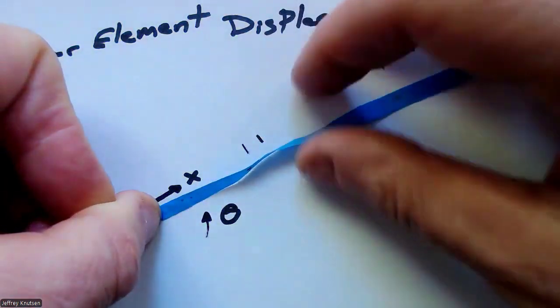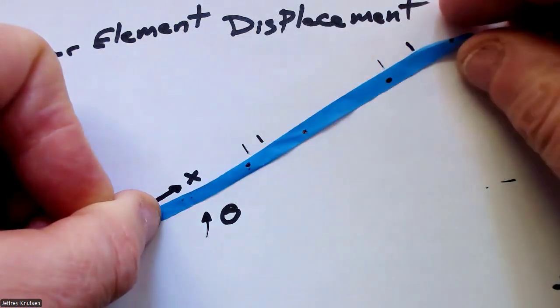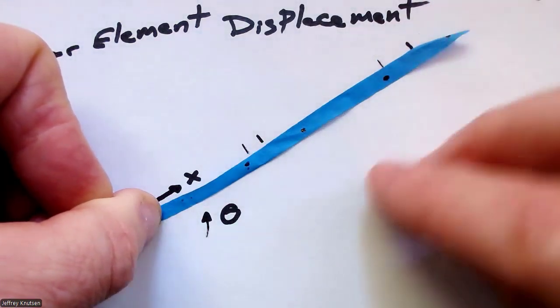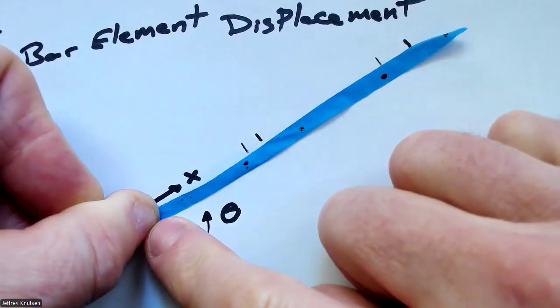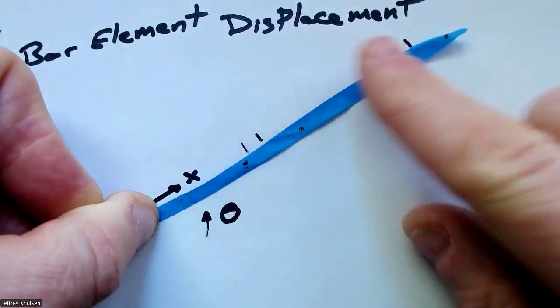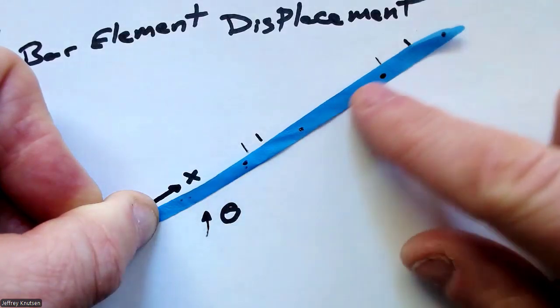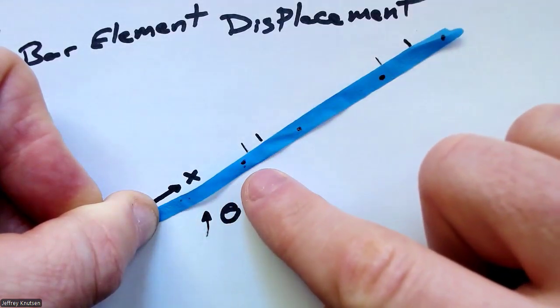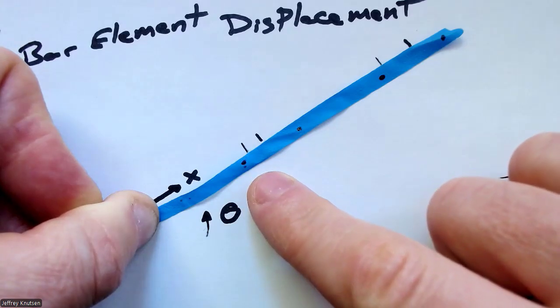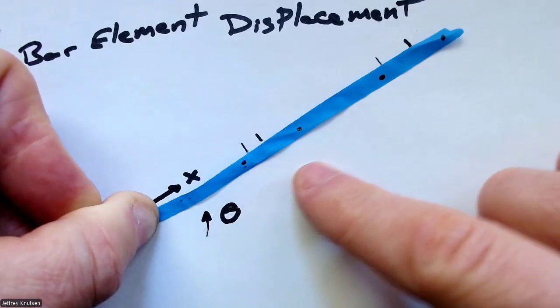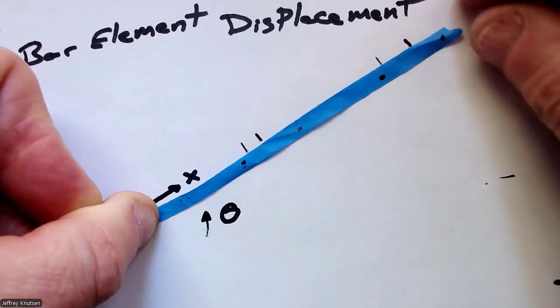So the displacement for a bar element will be linearly related to the position along that element. So in other words, it's proportional. The displacement function is 0 here, and it's the maximum value out here, and then intermediate values along the length of the bar. And we're going to assume that this is a linear function. In reality, it actually is, but that is an assumption we're going into this.